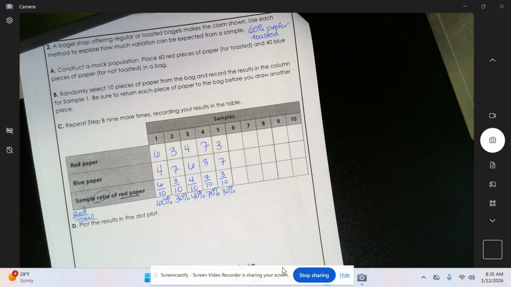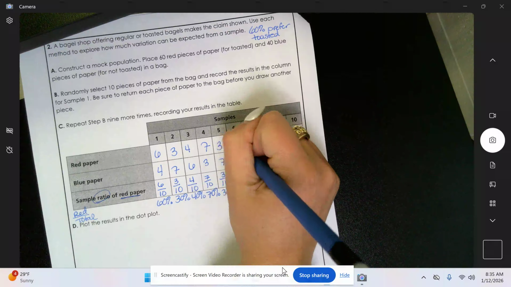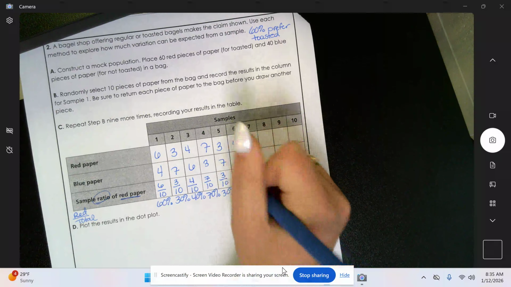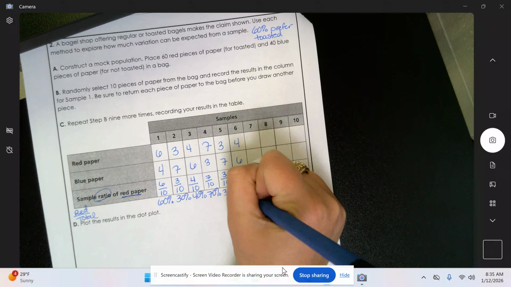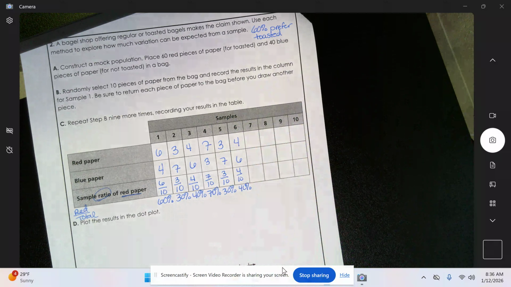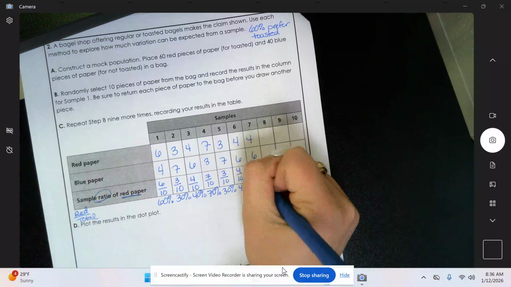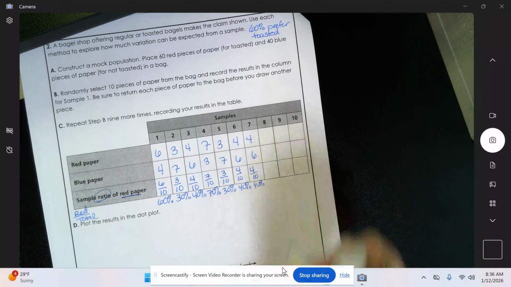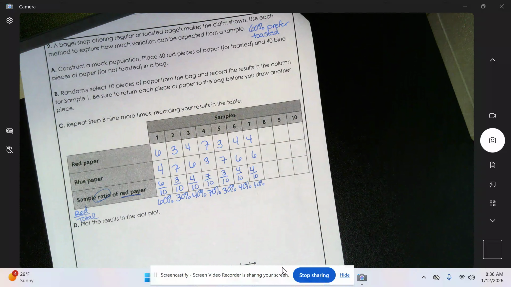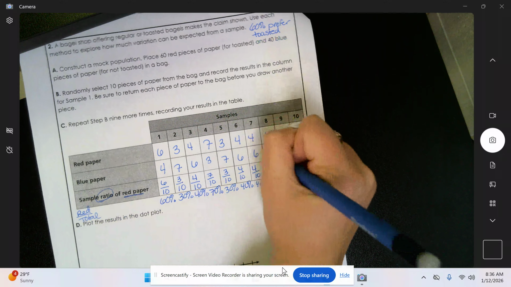Alright, sample 6. We had... sample 8. We had the opposite, didn't they?